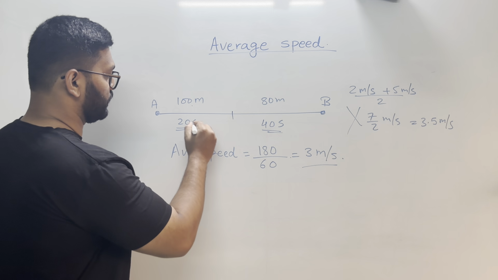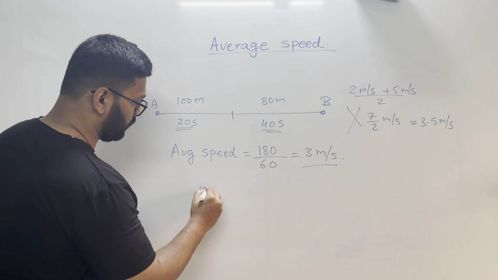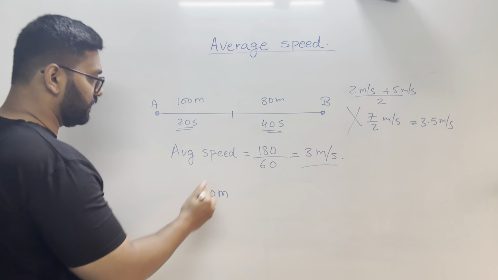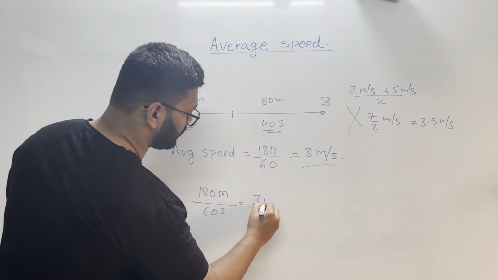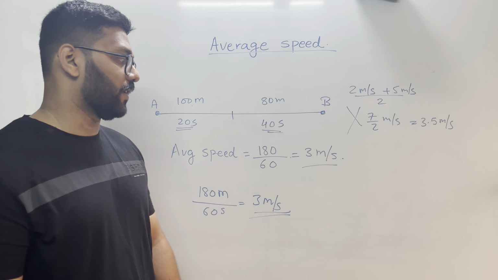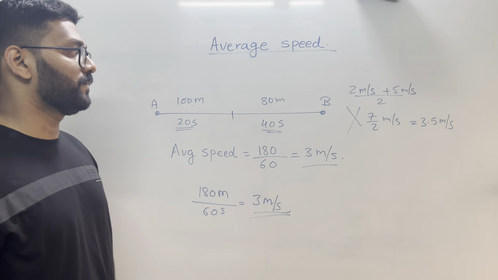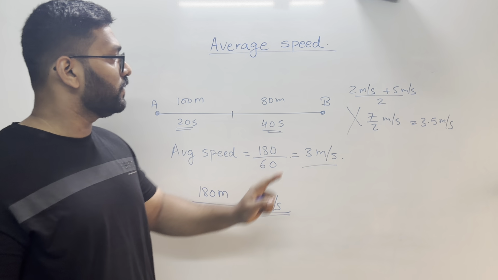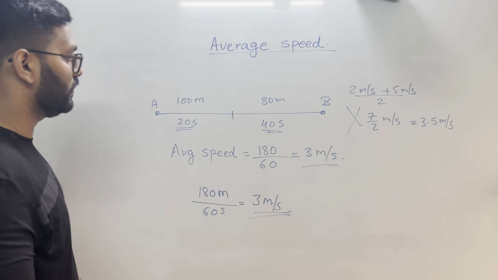The total distance is 180 meter, which it has to cover with a constant speed in 60 seconds. So divided by 60 seconds, you get that constant speed, which is 3 meter per second. That is the definition of average speed: the constant speed with which the object would have gone in the same time interval.